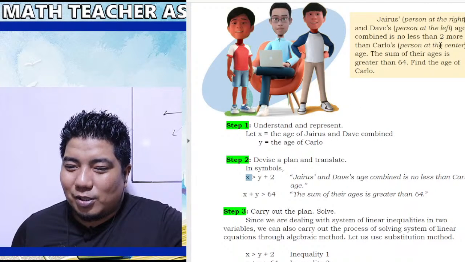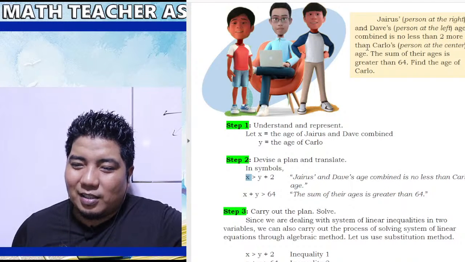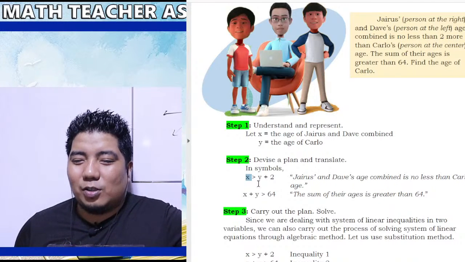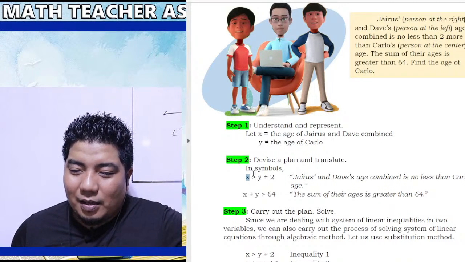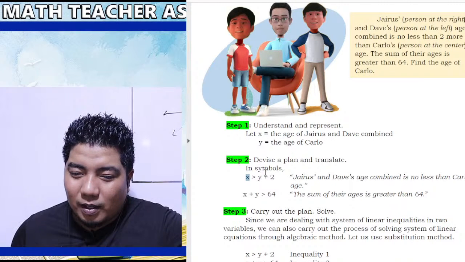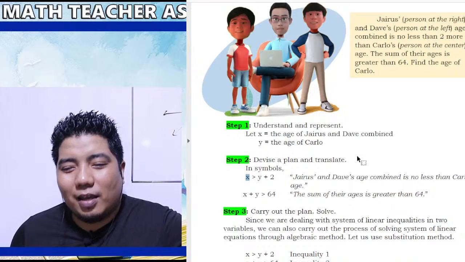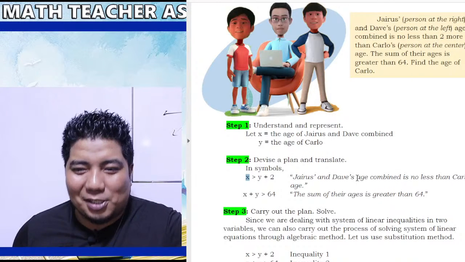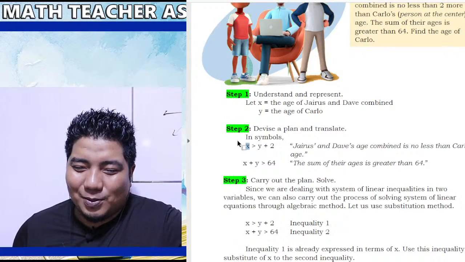Okay? So, as you can see, the combined age of Jairus and Dave is no less than 2 more than Carlos. So, the combined age of Jairus and Dave is greater than Carlo's age even if you add 2 years. Okay, that's it. Alright. So, that is how you interpret this.